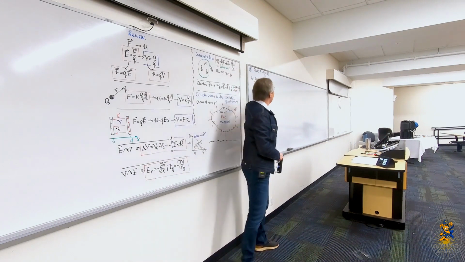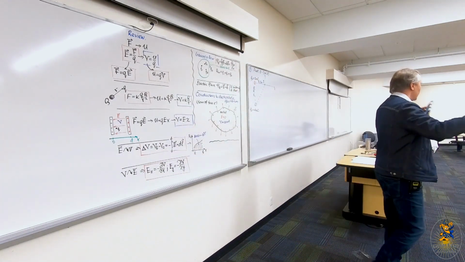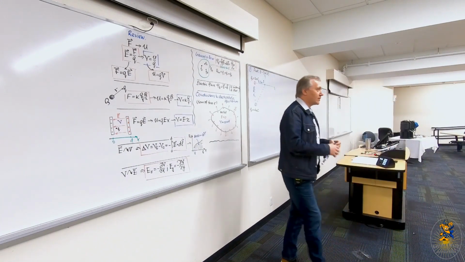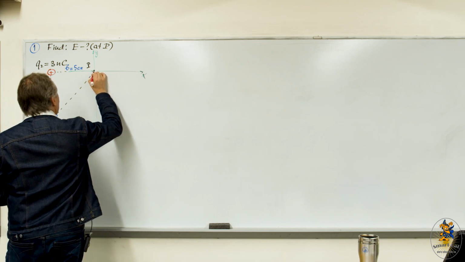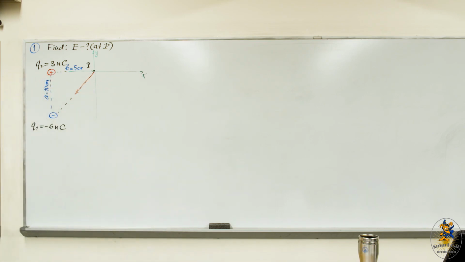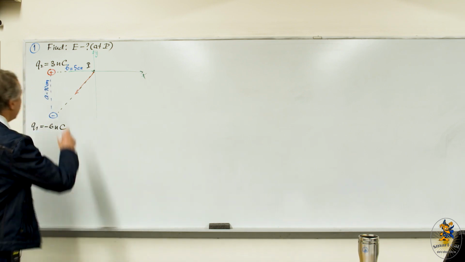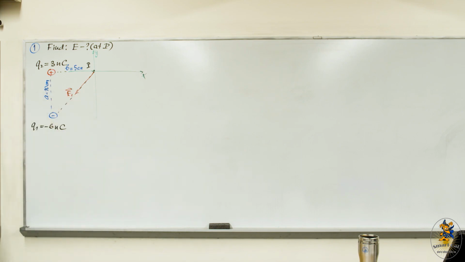Careful, guys, because sometimes on the exam, students are trying to do it fast and make silly mistakes. Of course it is negatively charged, a negative charge. So electric field lines go towards the negative charge. So the electric field is along the line which goes through the negative charge. It's E1. Then the second contribution is from the positive charge.